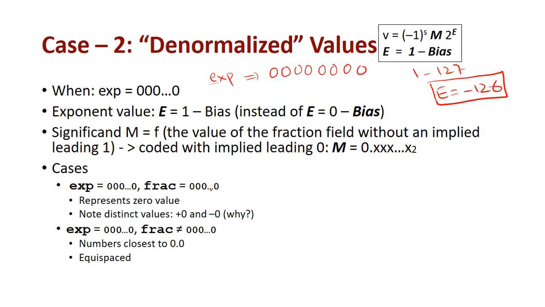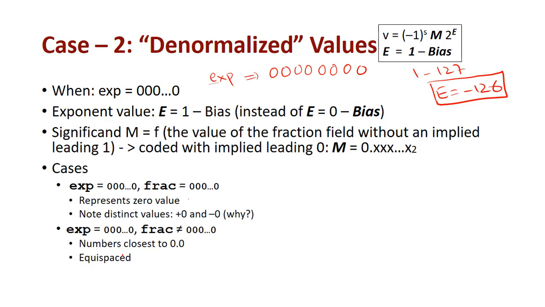If all the bits are 0, it represents the value 0. If any bit is not 0, we do not have decimal 0, but a number which is very close to 0. Okay, we'll see in detail.